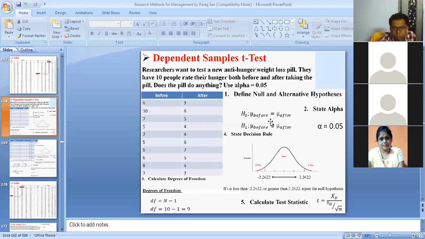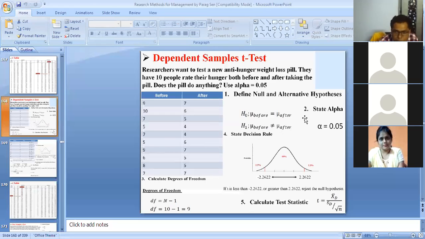So what will be your null hypothesis? Your null hypothesis is that there is no effect at all. Whatever the population mean was before, you get the same after the medication. For the alternative or research hypothesis, the before-medication and after-medication means actually differ.